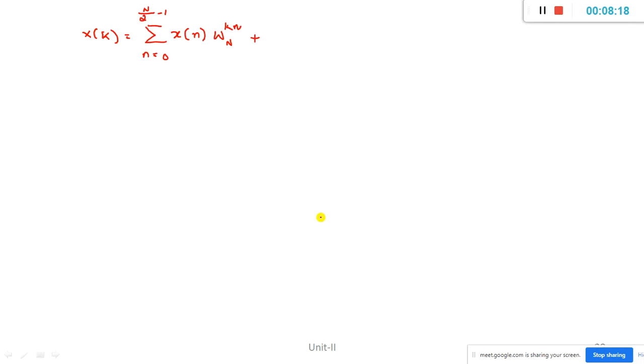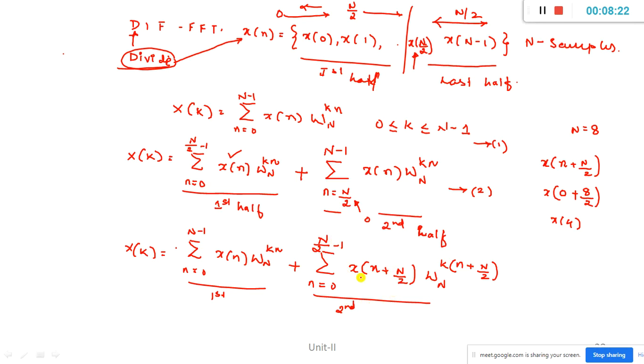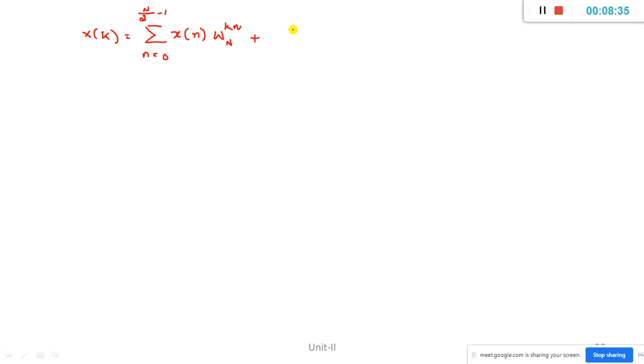Now look at the second half sequence. So it is also running from 0 to n by 2, so this is the second sequence, summation n runs from 0 to again n by 2 minus 1, x of, not n, it is n plus n by 2 sequences.